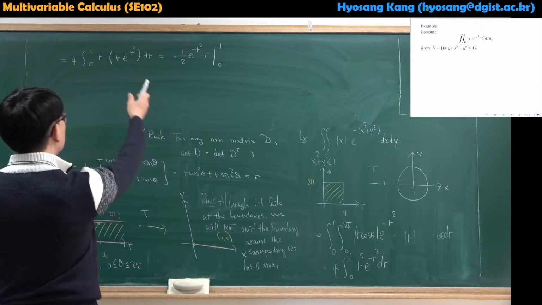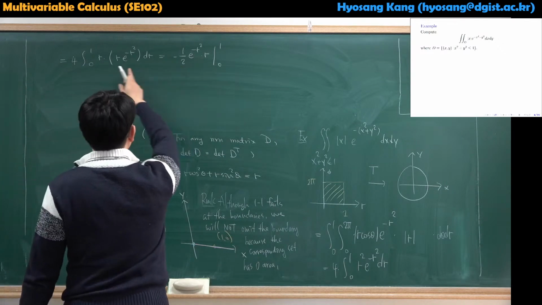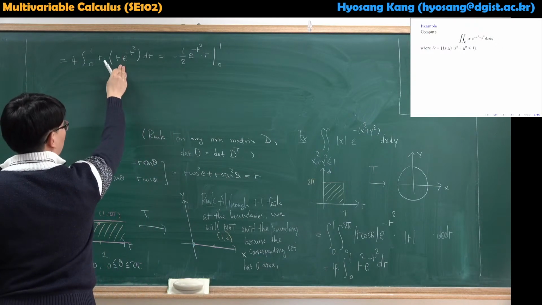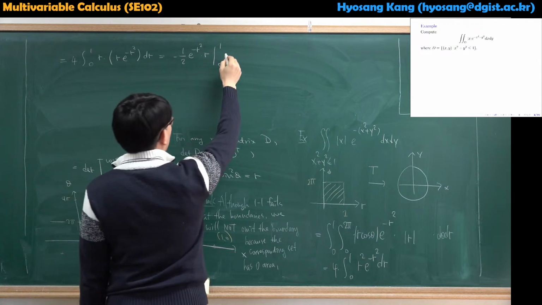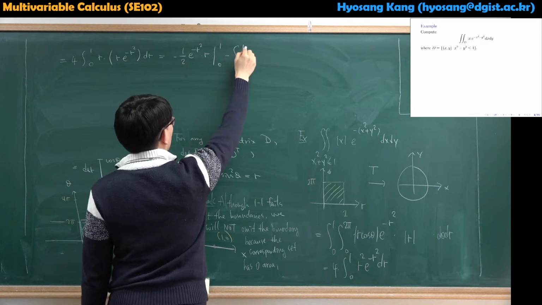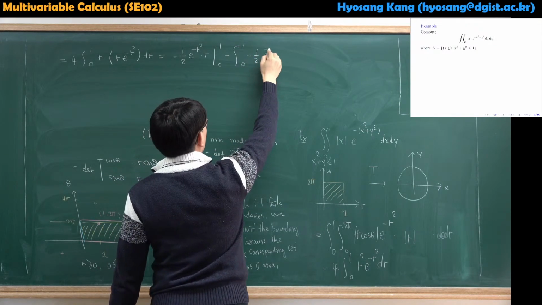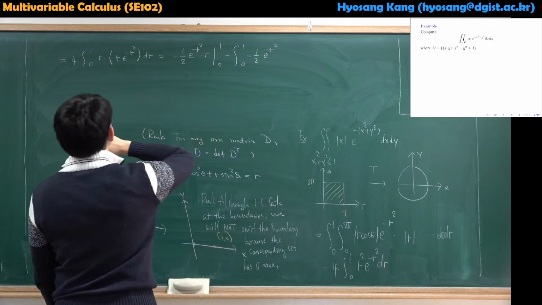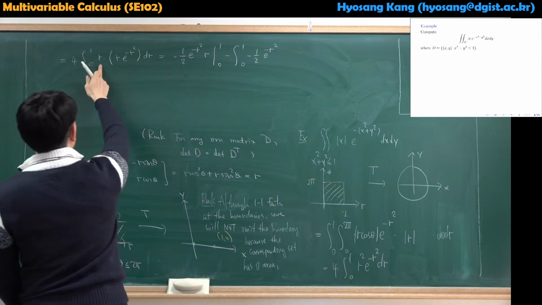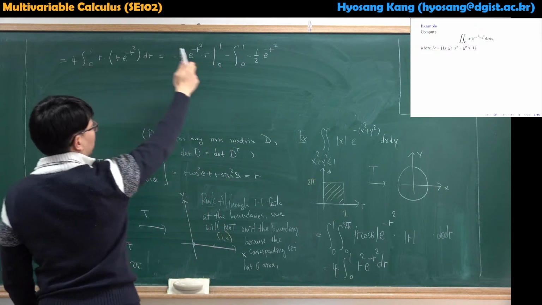So what happens is I'm using integration by parts, taking the integration on this side, and then I get minus the integral from 0 to 1 of minus 1 over 2 e to the negative r squared, and then take the derivative of r, which becomes 1, right?